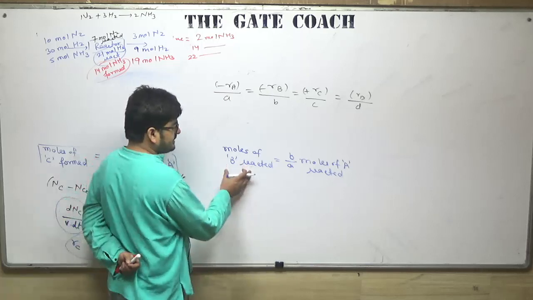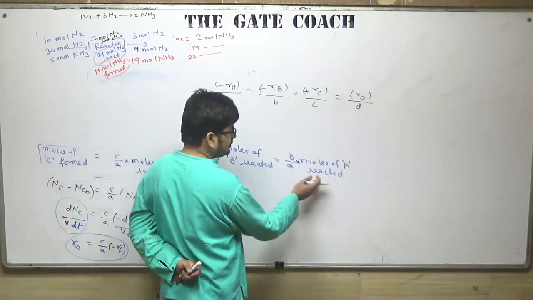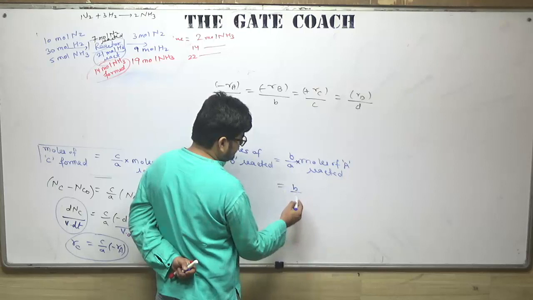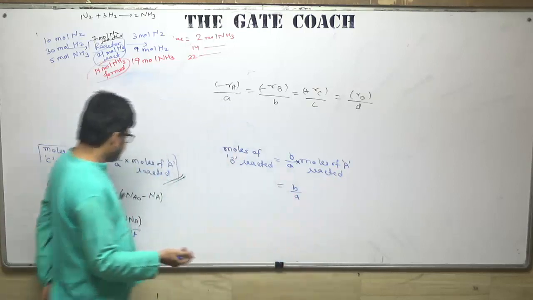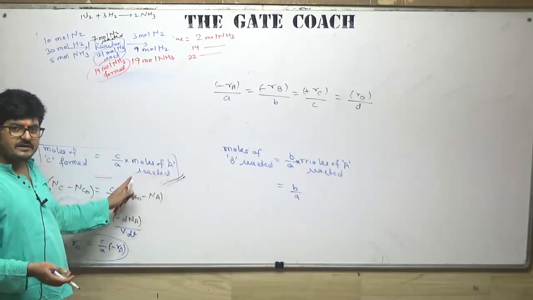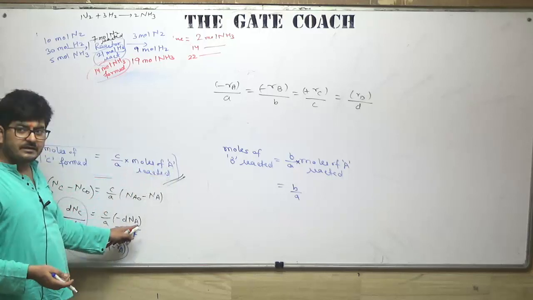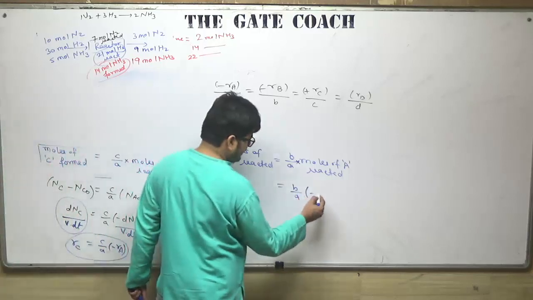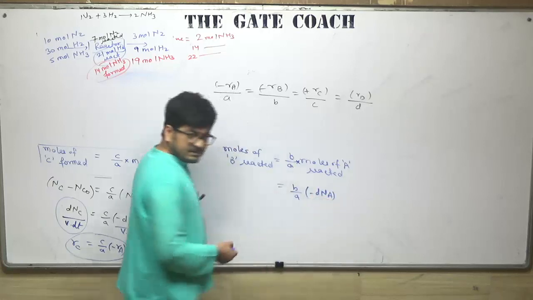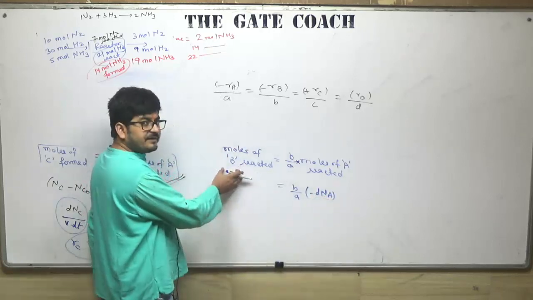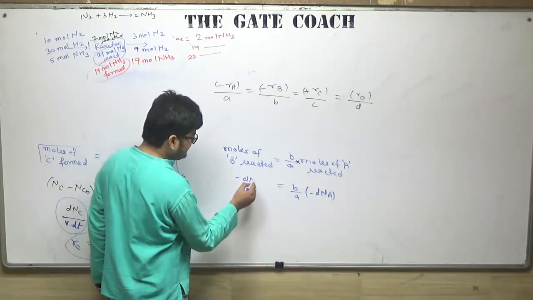Moles of A reacted can be written as minus dNA. Similarly, moles of B reacted can be written as minus dNB.